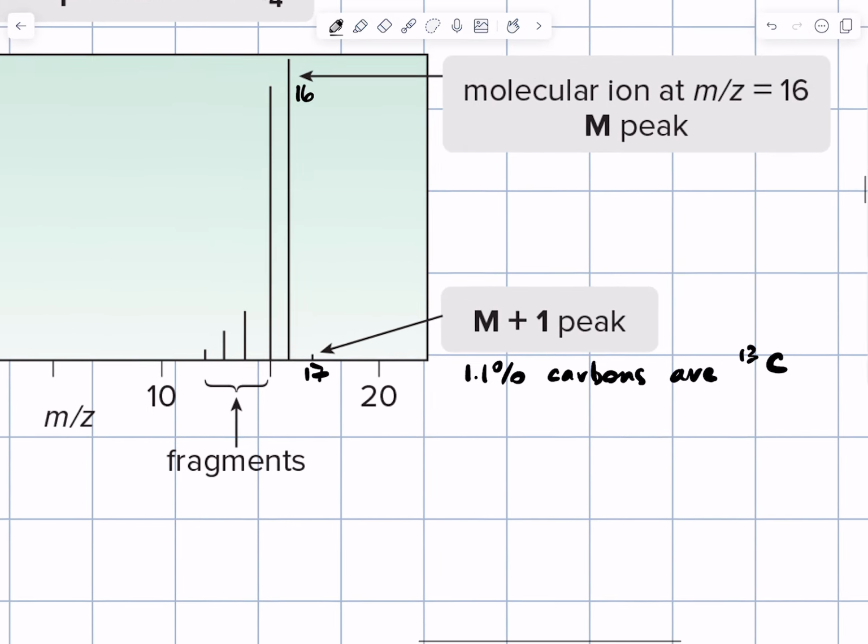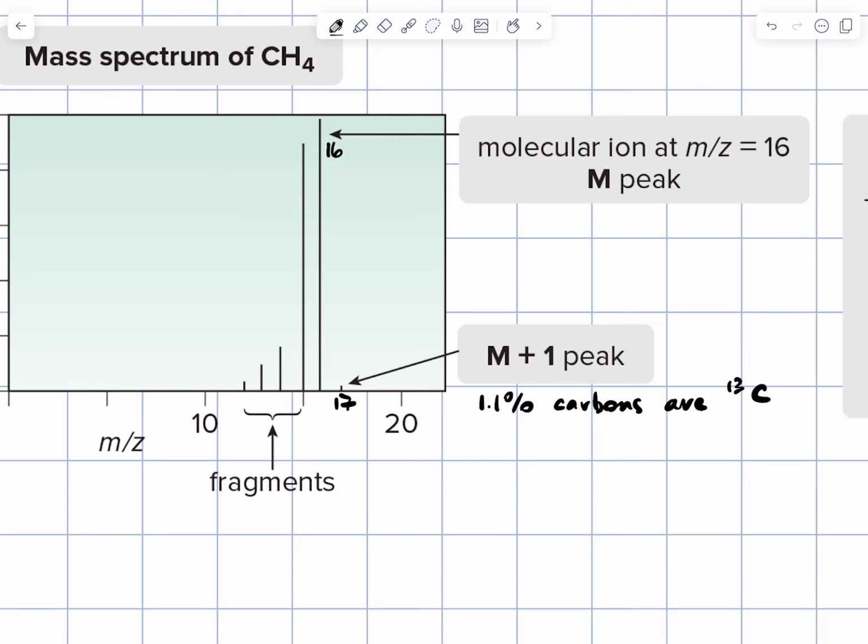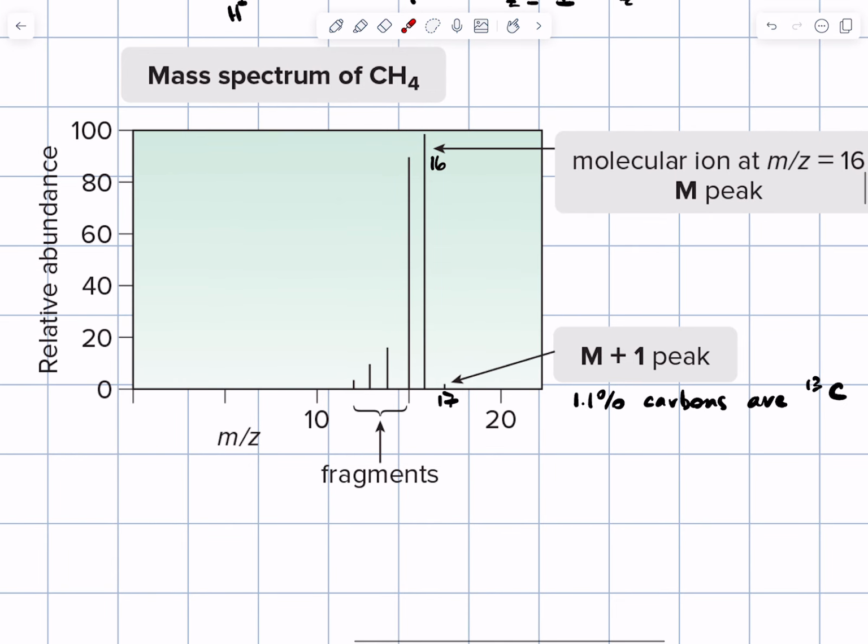So you would expect 1 out of every 100 methane molecules to weigh not 16, but 17, because C13 weighs 13 instead of 12, right? And indeed, that's what you see. The y-axis in a mass spec is how many times the detector sensed that ion. So if 1 out of every 100 methane molecules has C13 instead of C12, then 1 out of every 100 observations should have an m/z of 17 instead of 16.